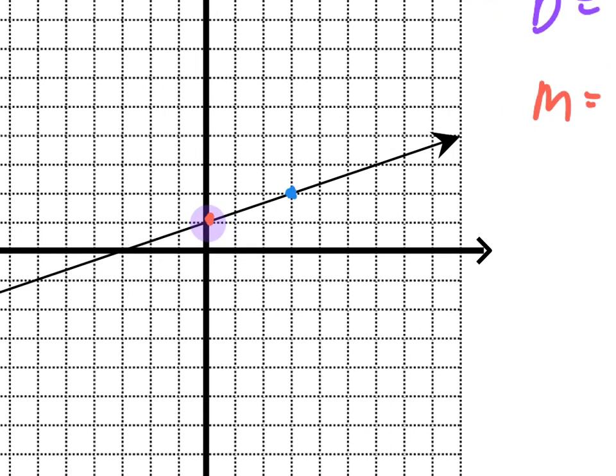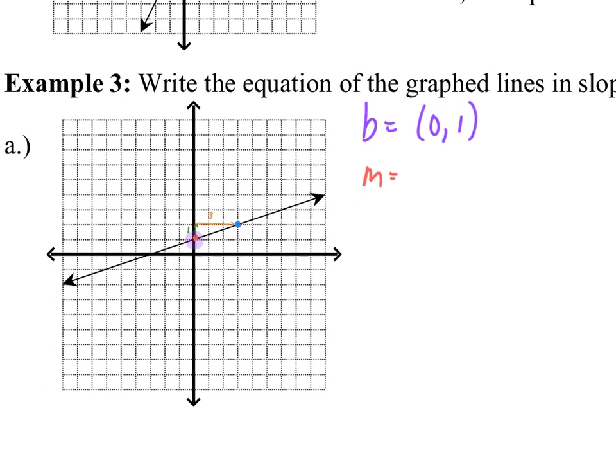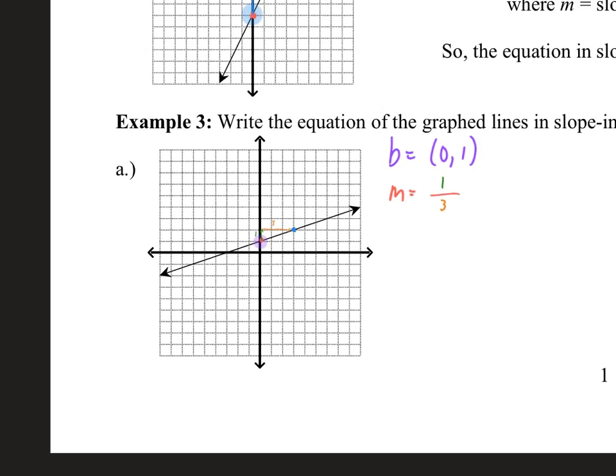And so what's my rise, what's my run? Again, start on that left point, so I have to rise 1. And then I'm running 3. So there's my slope.